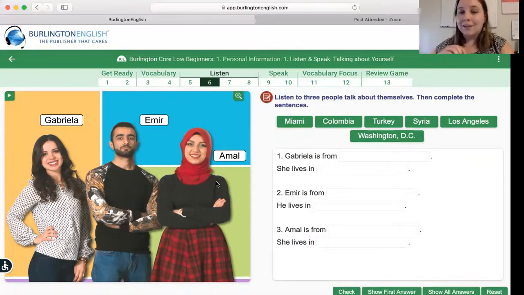Good. Amal. Now, if you look over here, we are going to be listening for where they are from, so what country they are from, and where they live now.